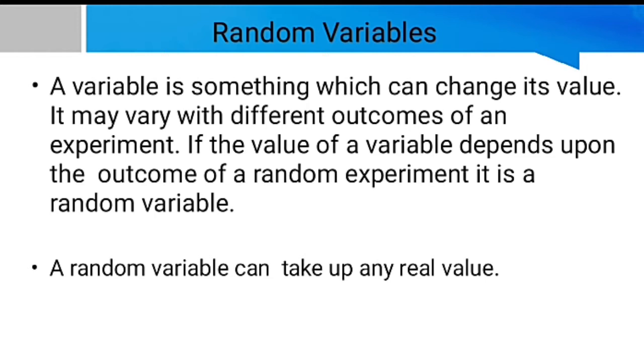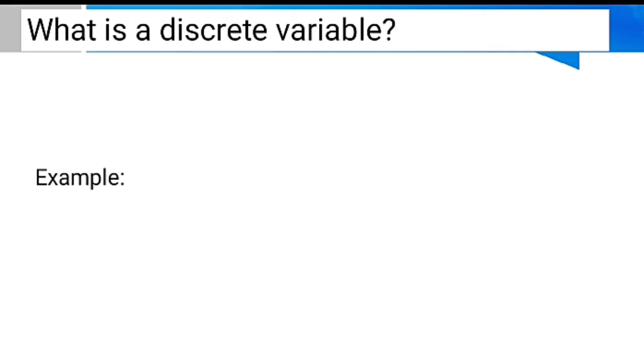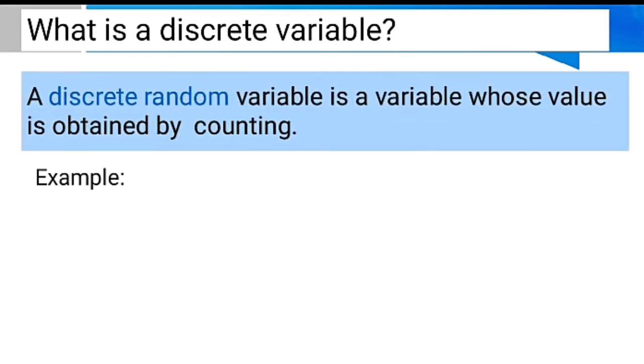Let us go over the 2 types of variable. First is a discrete variable. A discrete random variable is a variable whose value is obtained by counting. Its possible values can be counted. Just for example, the number of students present.